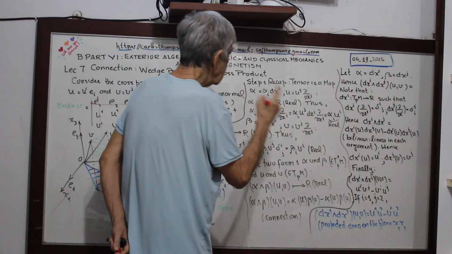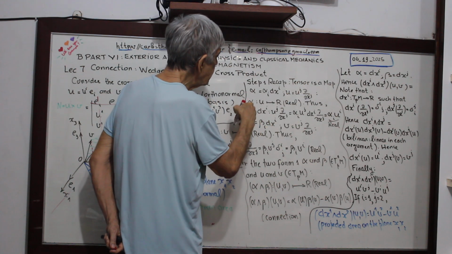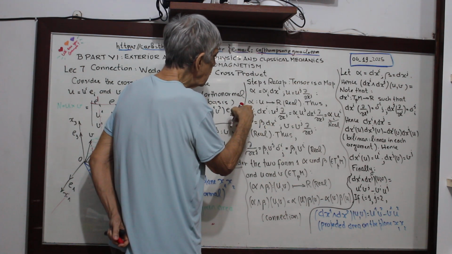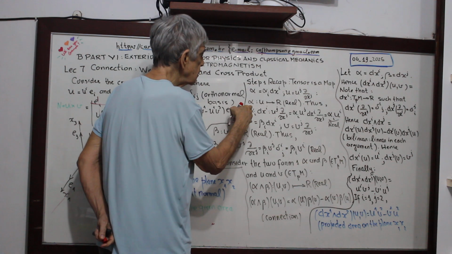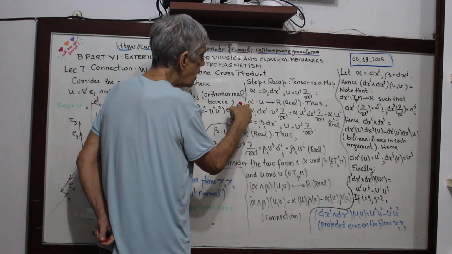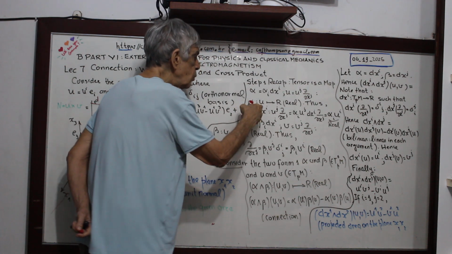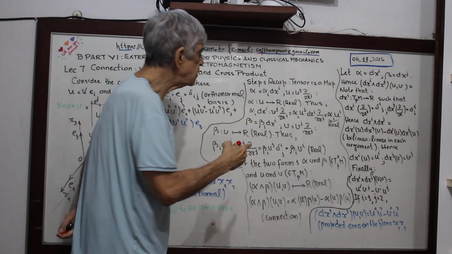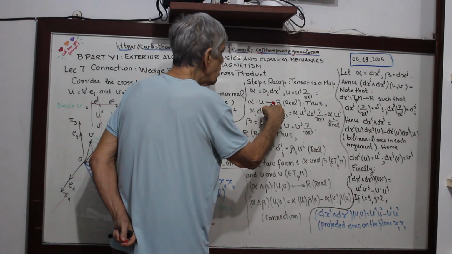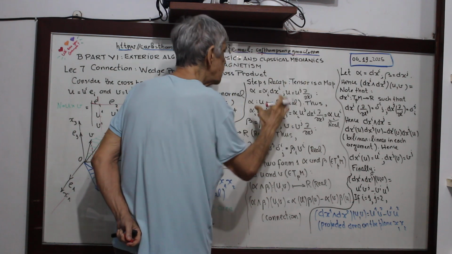What kind of map? Alpha belongs to the cotangent space. It acts on U, which belongs to the tangent space, and this leads to a real number. That's the definition of a tensor.